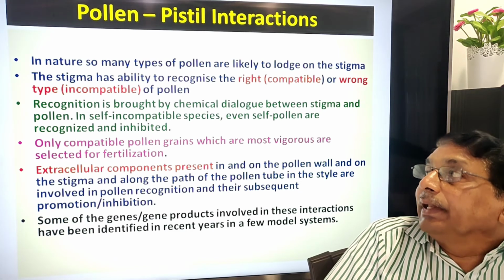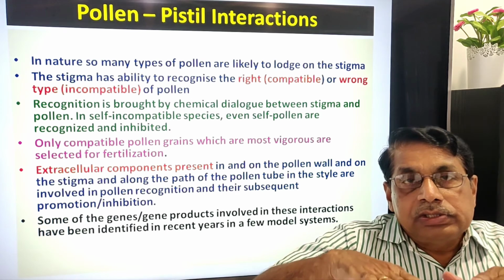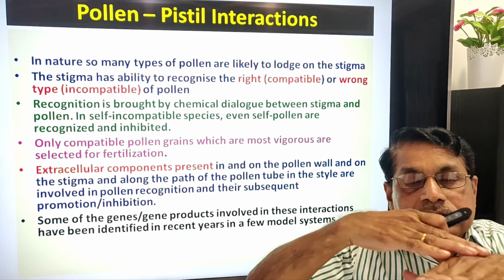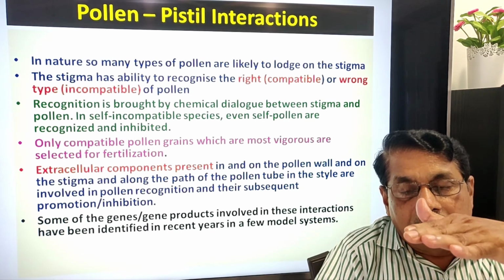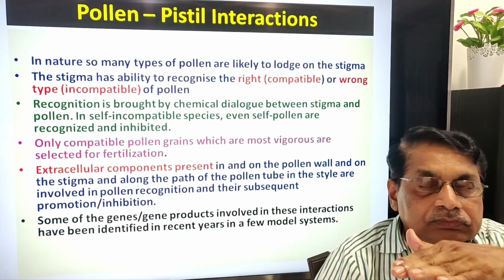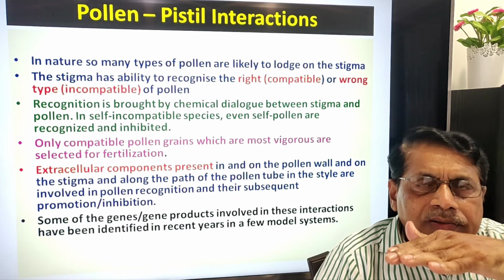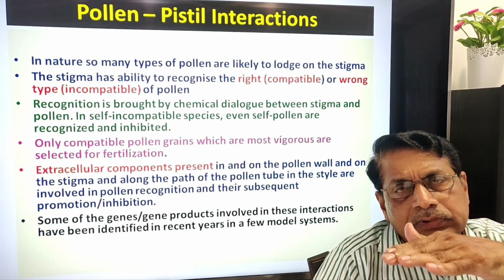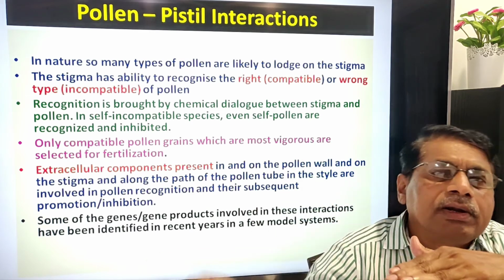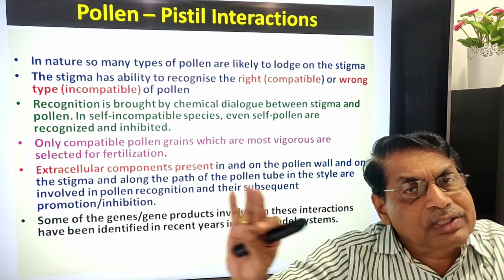Pollen-pistil interaction. This is the stigma, style, ovary; pollen grains fall. Many of the pollen grains fall incidentally, of the same species or different species, but not all of them germinate.